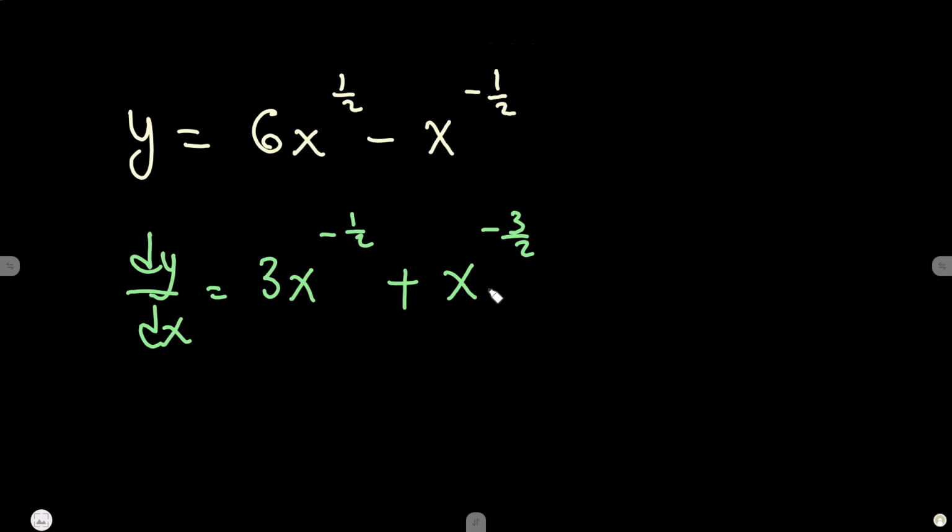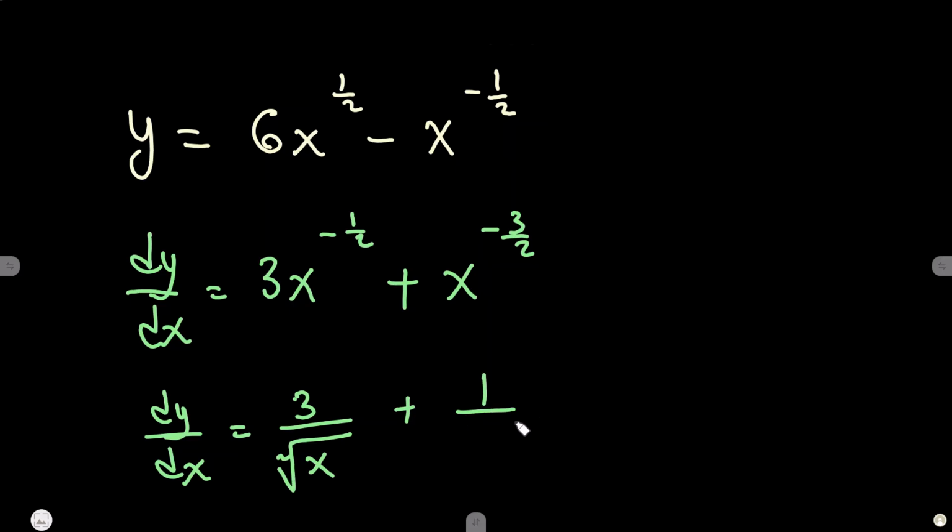This is absolutely correct, but if you want to simplify, dy/dx will be the same thing as 3 over x to the half, which is the square root of x, and then this is the same thing as 1 over x to the 3 over 2, which is the square root of x raised to the power of 3. Now this is entirely up to you on how you want to do it, but the basics are still the basics, okay. All right.